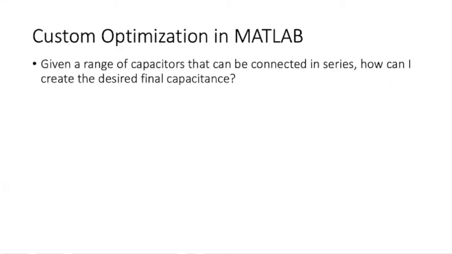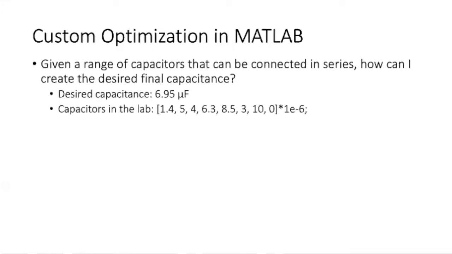Say you have a bunch of capacitors that can be connected in series, and you want those to have a specific final capacitance. You have a desired capacitance, which is 6.95 microfarads, and looking around the lab, you don't have any capacitors of this value, but you have some of these values.